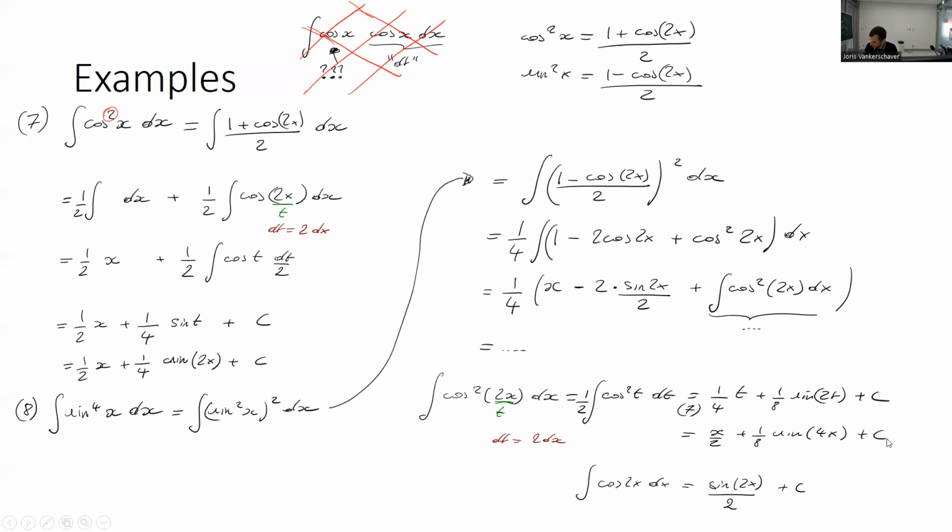Okay, let me just double check that that's right. So x over 2, 1/8 sine 4x. Okay, so that gives me my integral here that I had to compute.